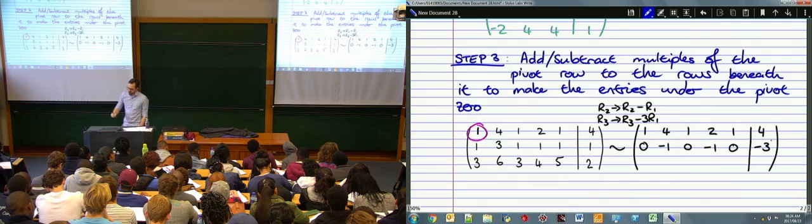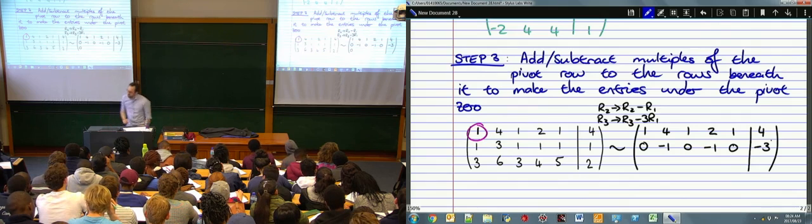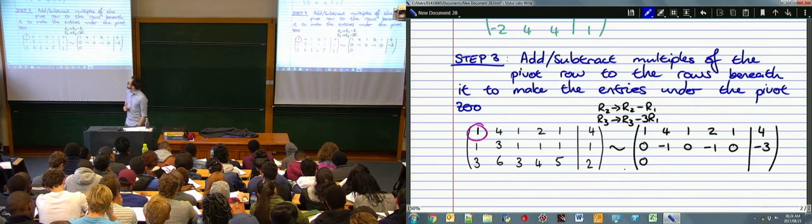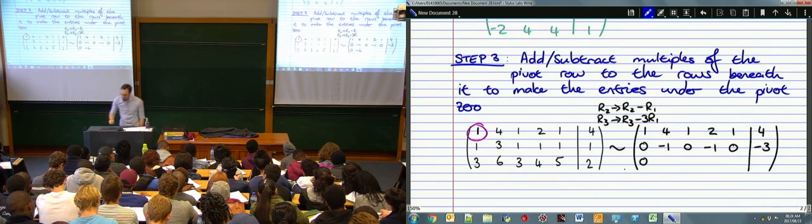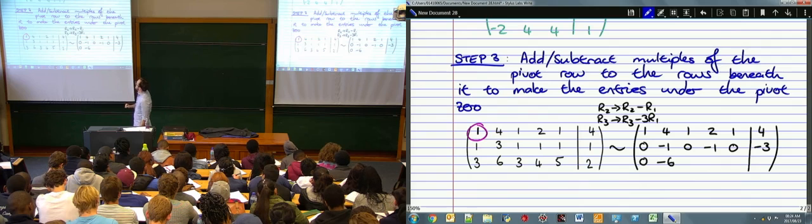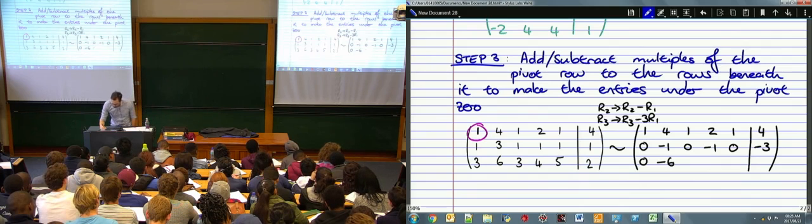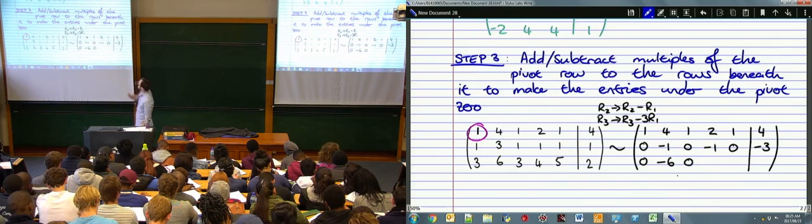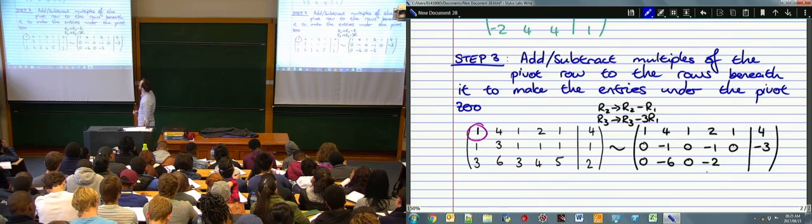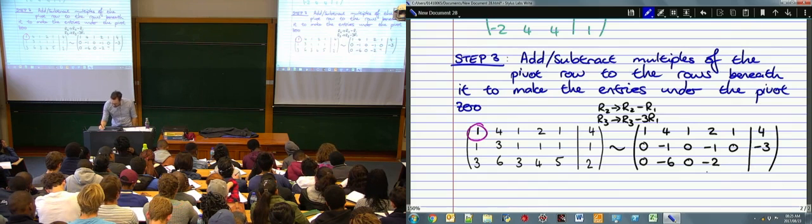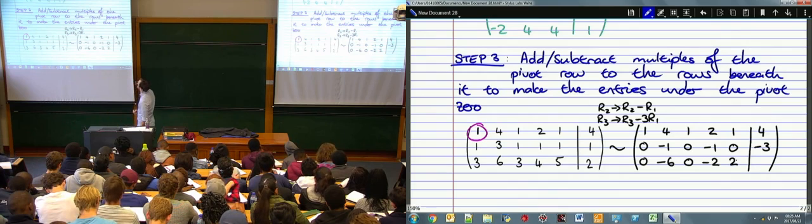So we take 3 minus 3 times 1, which is 0. 6 minus 3 times 4, so 6 minus 12, negative 6. 3 minus 3 times 1 is 0. 4 minus 3 times 2, so 4 minus 6, minus 2. 5 minus 3 times 1 is 2.